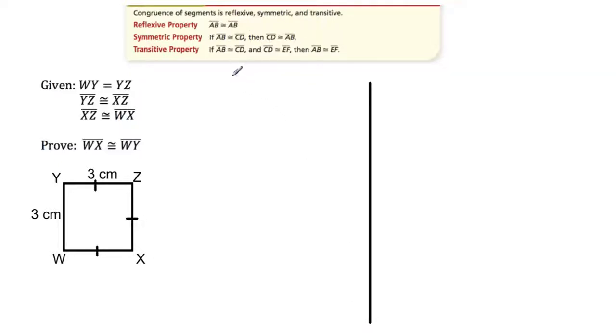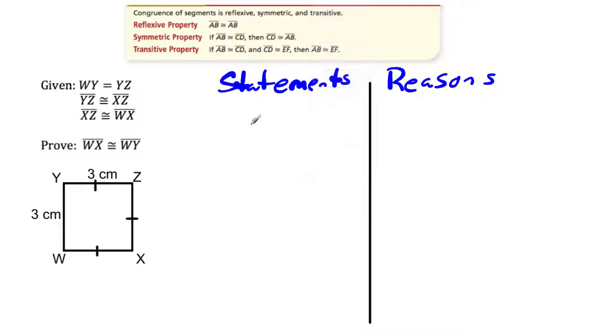And I'm going to have my statements and my reasons. For my statements, I'm going to start with what's given. So I'm going to write this all out. So I'm going to say that WY is equal to YZ. So for this square, WY is equal to YZ.